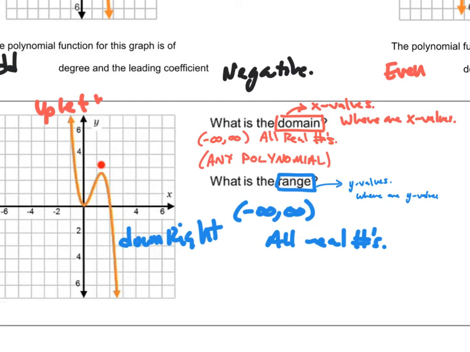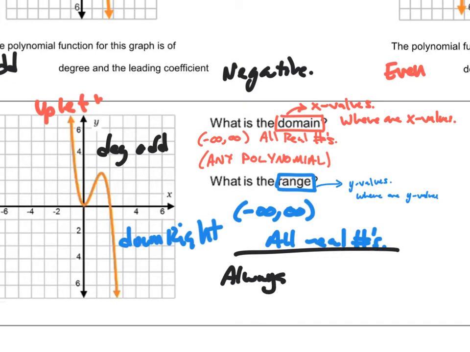But what I know from this is that the degree of this function has to be odd, because the end behavior is going in opposite directions. So because my degree is odd, it's going to be all real numbers always for odd degree. That's important that we know that. If it's an even degree, then our range is actually going to be restricted.